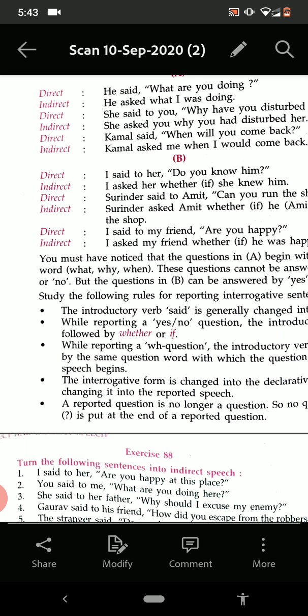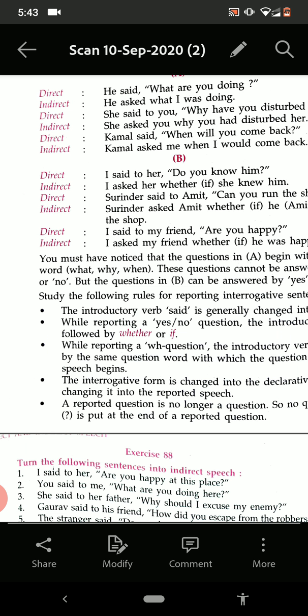While reporting a WH question, the introductory verb is followed by the same question word with which the question in the direct speech begins. Means when the word of WH family is there, it may be what, when, where, how, the same word will be there. There will be no change.